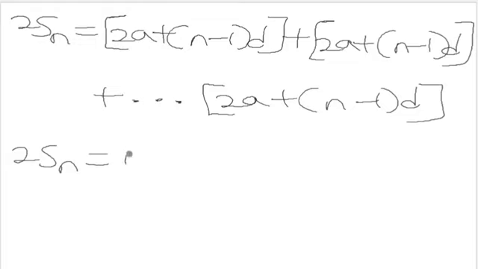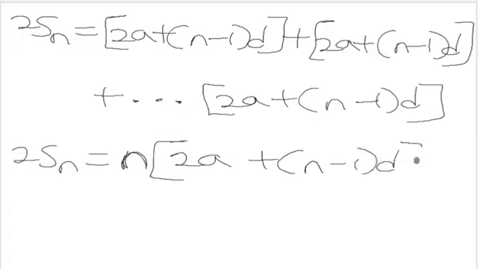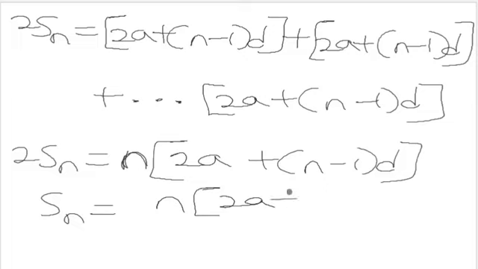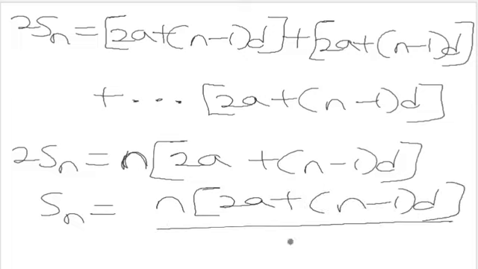We have n of such, but we don't know how many terms are here, so we note it as n, the number of terms: 2A plus (N minus 1)D. If we divide both sides by 2, our Sn becomes n(2A plus (n minus 1)D) all over 2.